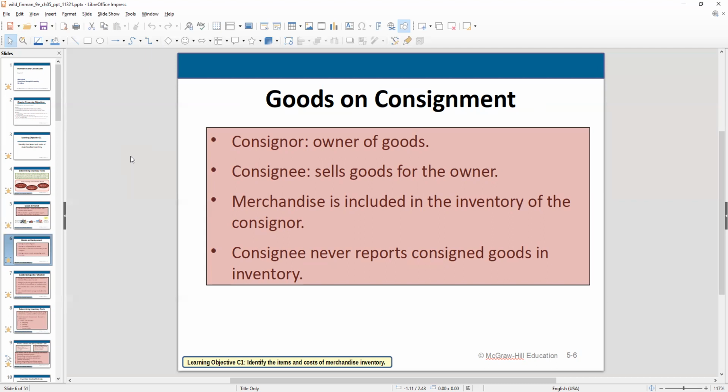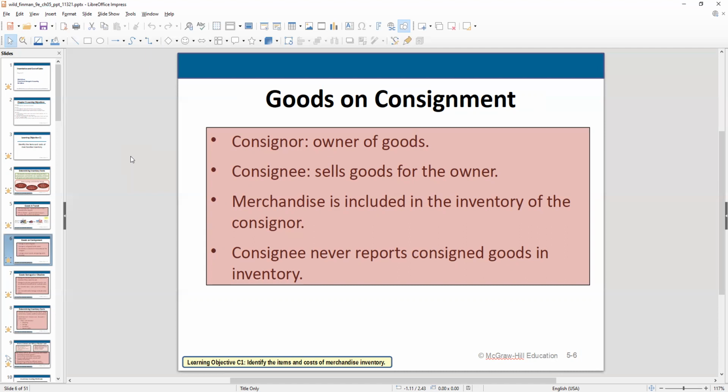They'll count what was left on the display, restock it, and then give a bill to the store owner to pay for what was sold off their rack. You may have gone into a convenience store and noticed that there is a rack full of headphones and phone chargers and those kind of things. Those are the kind of things that typically would be sold on consignment.